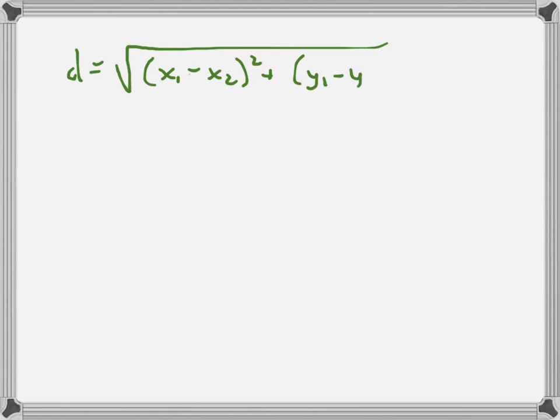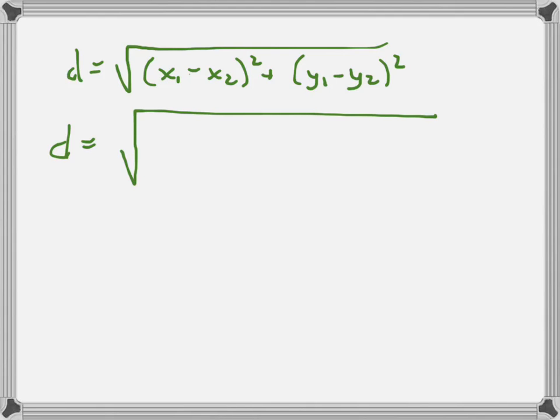So we said that the distance formula, if you recall, is going to be the square root of x1 minus x2 quantity squared plus y1 minus y2 quantity squared. Okay, so I'm just going to go back to my graph in just a moment.